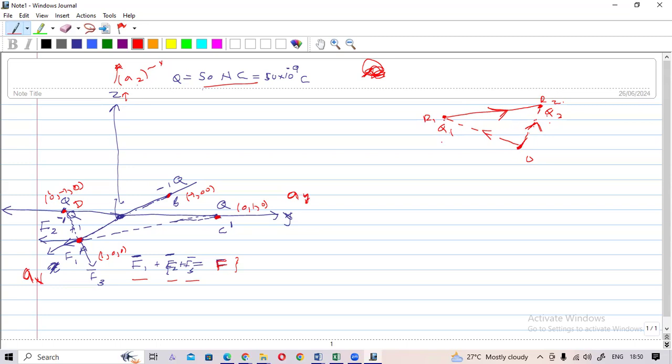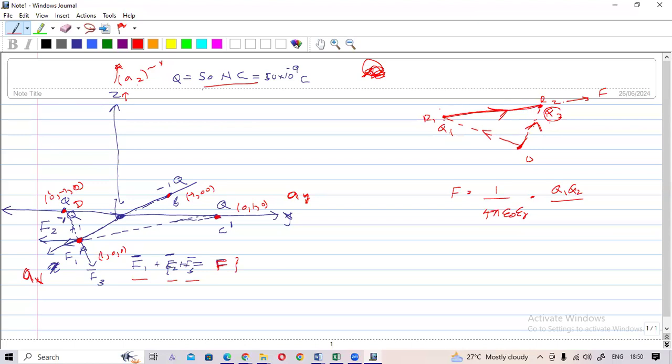Okay. So now you are going to find the force on this charge due to this charge. That is F. So F is defined as 1 over 4 pi epsilon naught epsilon R, Q1, Q2 divided by this distance.